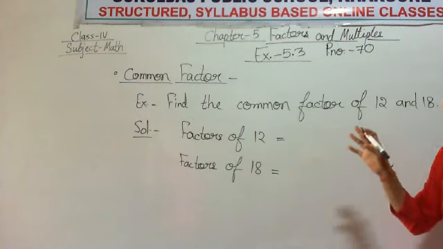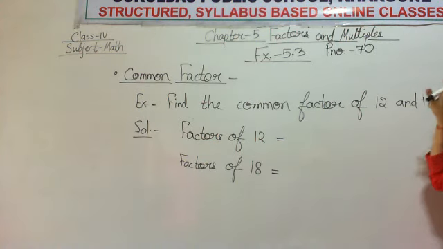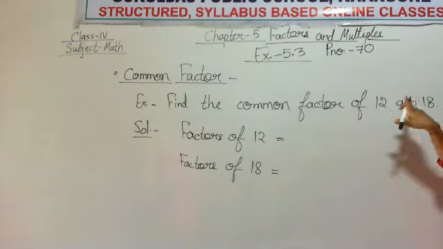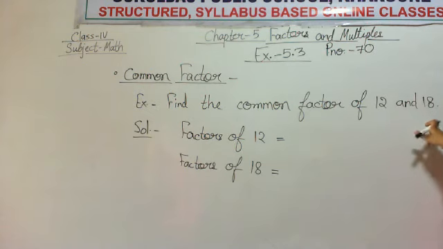What is the first step? The first step is that you will write the factors for all the given numbers. Here two numbers are given, so we are going to write the factors for both the numbers, that is 12 and 18.